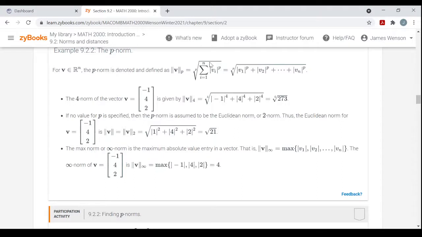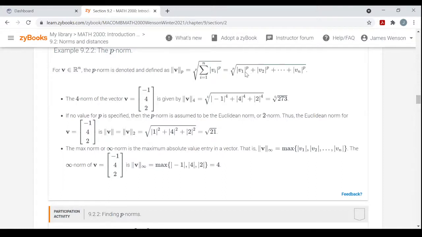It's the pth root of the sum of the p powers of all the absolute values of the components. So you just make all the components of v positive, raise them all to the p power and add them up, and then you're taking the pth root of that sum. This is called the p-norm on Euclidean space.